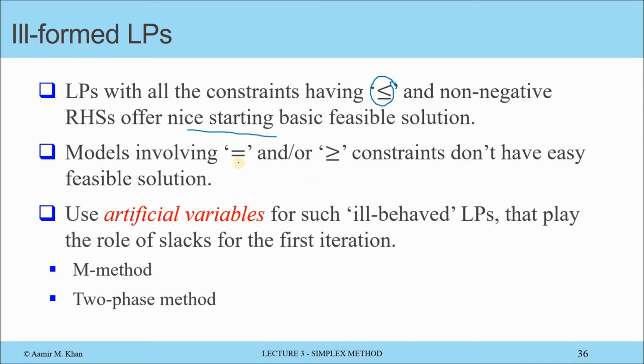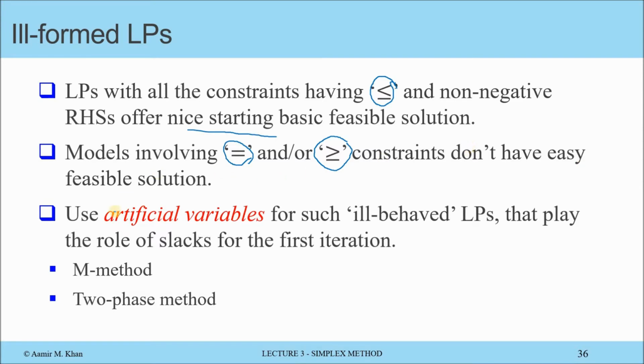But practically, in the real world, there are many constraints where you will see a pure equal to sign, which means it is not an inequality, it is an equation. And there are many constraints where you will have greater than or equal to. In such problems, you don't have an easy feasible solution.